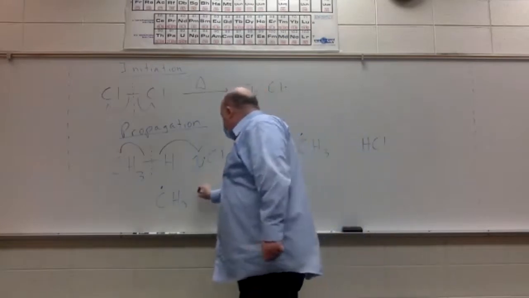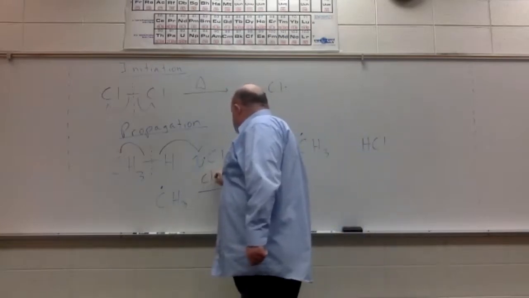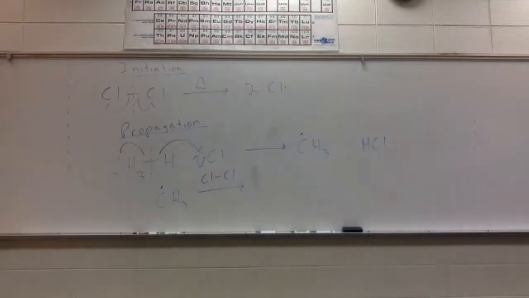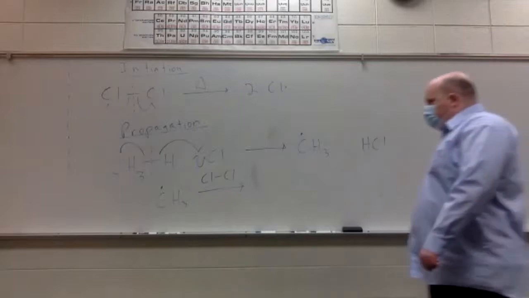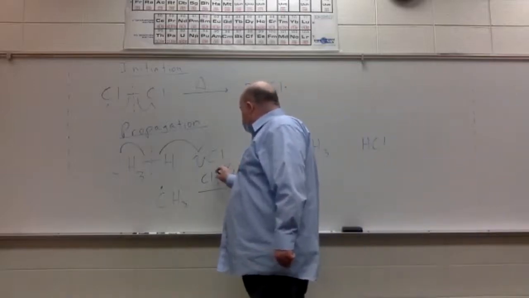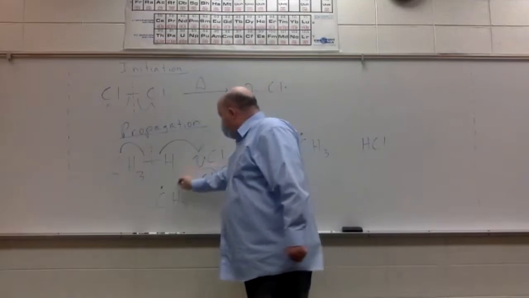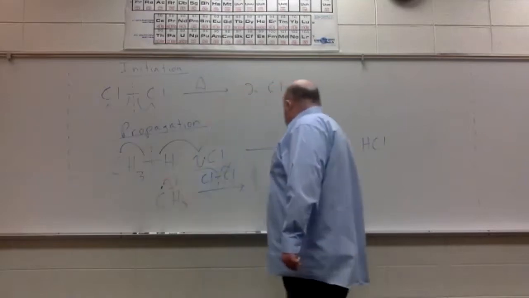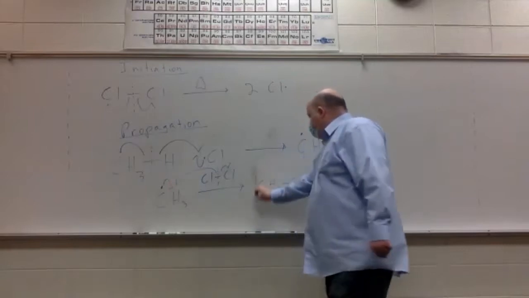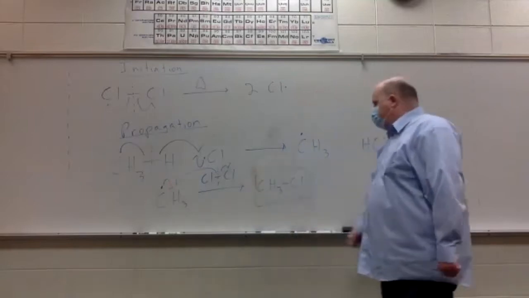What you do is you actually react it with another molecule of Cl2. All right. The Cl2 is going to split. One of the Cl radicals will combine with the CH3 radical, and that will give you product. So there's the product of the reaction right there.